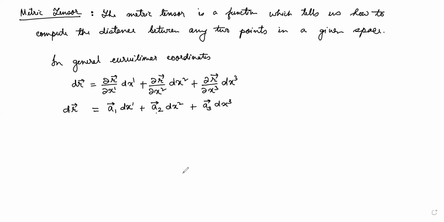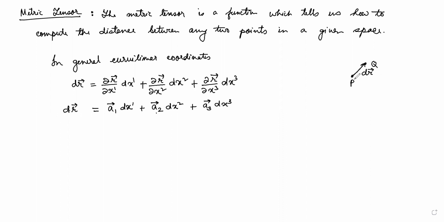Now, if we want to find out, let me draw 2 points here. This is the first point P, this is the second point Q, and the displacement between them is dr. This is an infinitesimal displacement.